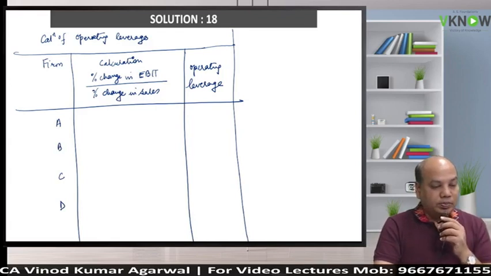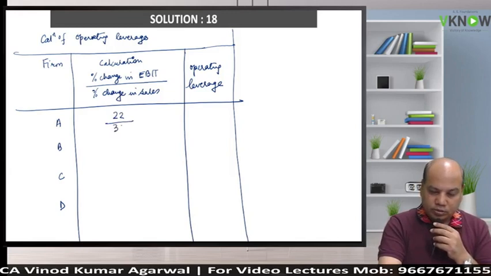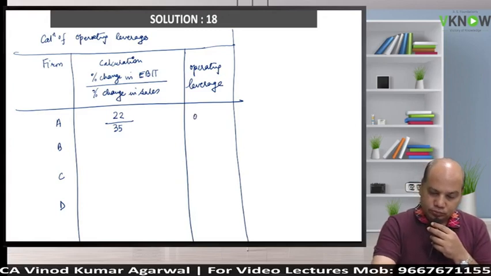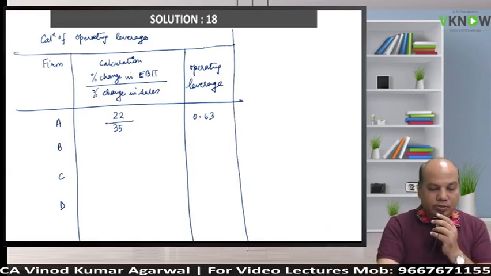For A limited, percentage change in operating income is 22 divided by 35. So how much is the answer? 0.63. Don't multiply by 100. 0.63 times. Operating leverage is written in times, so we don't multiply by 100. Okay, next one.